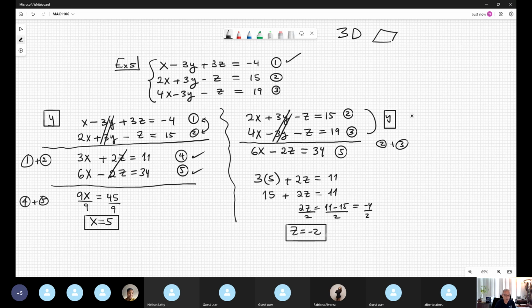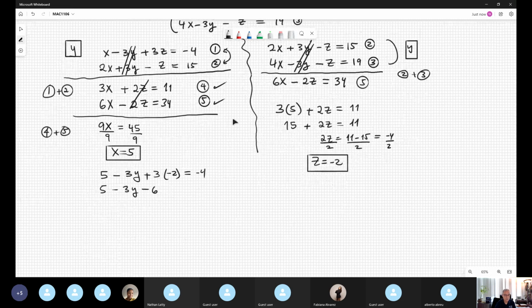So 5 minus 3y plus 3 times negative 2 is equal to negative 4. So 5 minus 3y minus 6, because 3 times negative 2 is minus 6, equal negative 4.